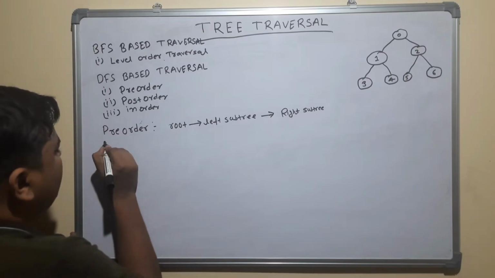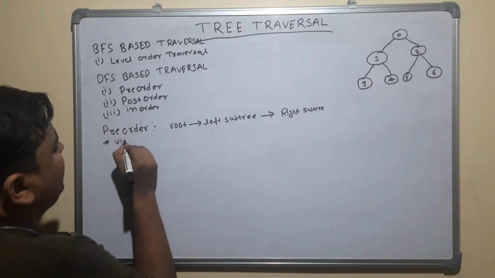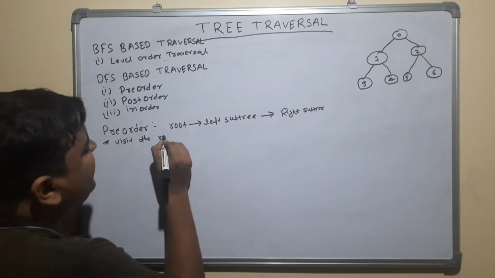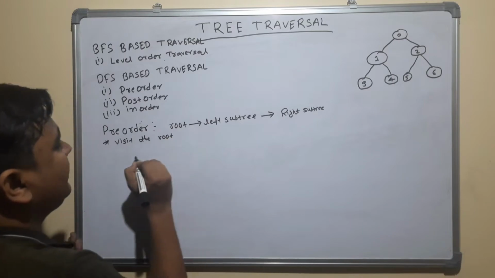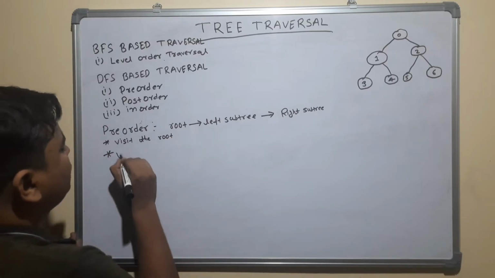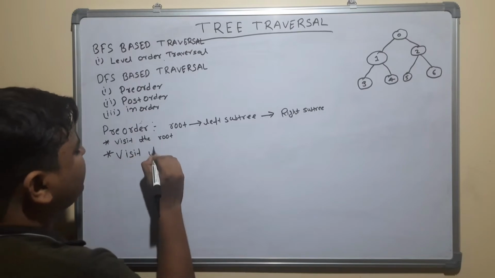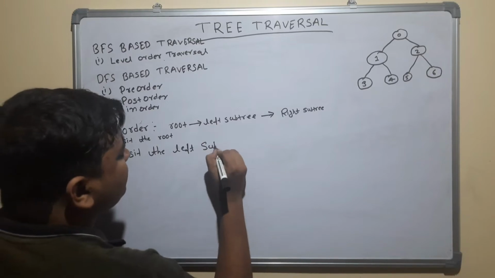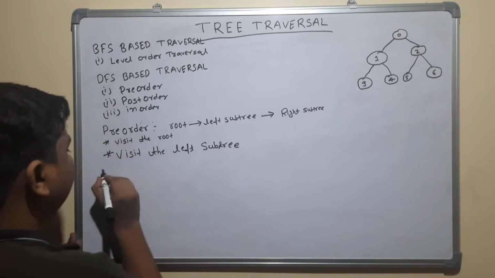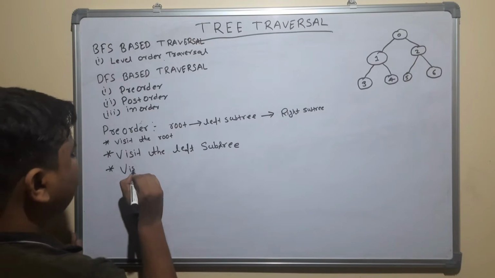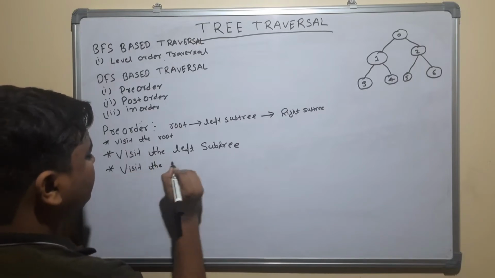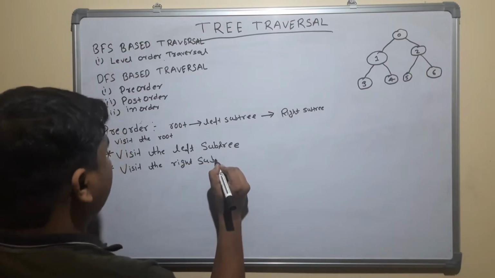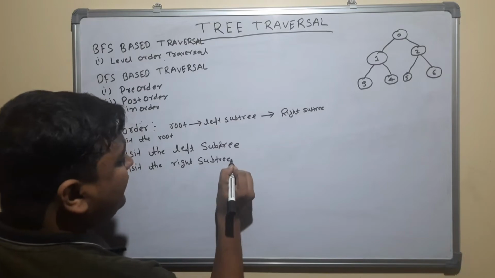So Preorder should follow these three steps in order: visit the root, visit the left subtree, visit the right subtree.